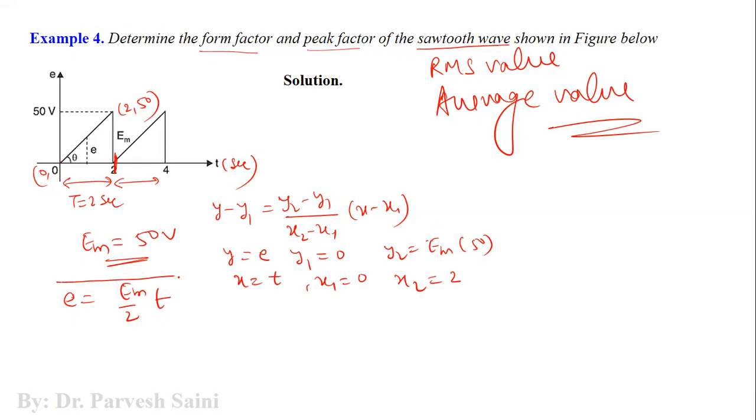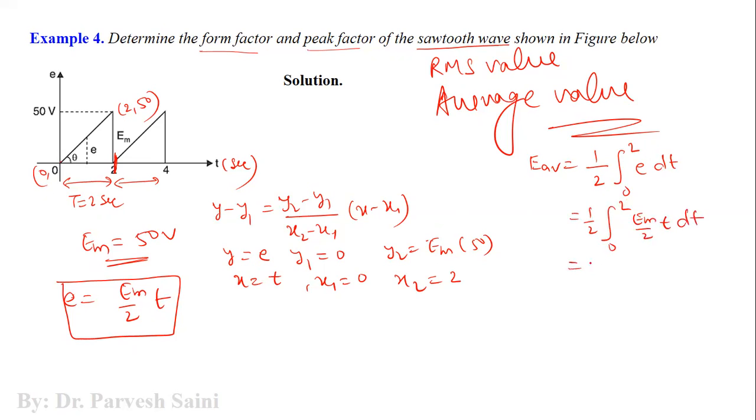Okay, E is equal to Em by 2 into t, and so the average value, E average, can be obtained by using 1 upon 2, because 2 is the time period here, 0 to 2 integration, and then we have E dt, right? So it is 1 by 2, 0 to 2, Em by 2 t dt.